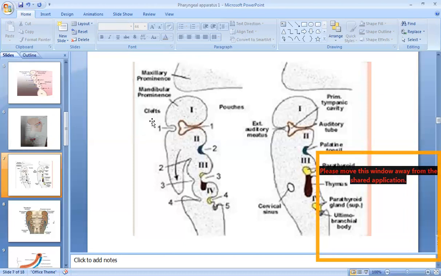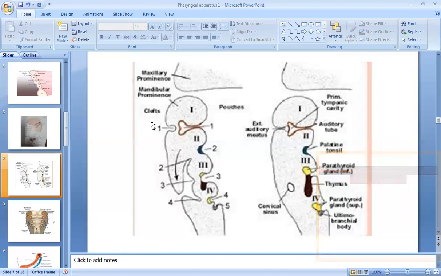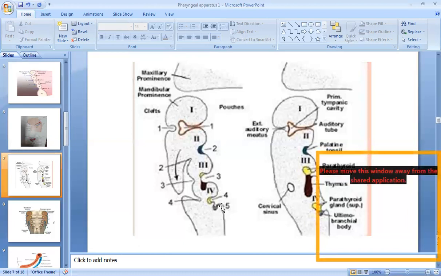And from the outside, which is lined by the ectodermal layer, it has come down towards this pouch, and this is the cleft. Similarly, you can appreciate the second pouch from the mouth cavity, then the third pouch, and then the fourth and fifth pouch. We will discuss the derivatives of all these.